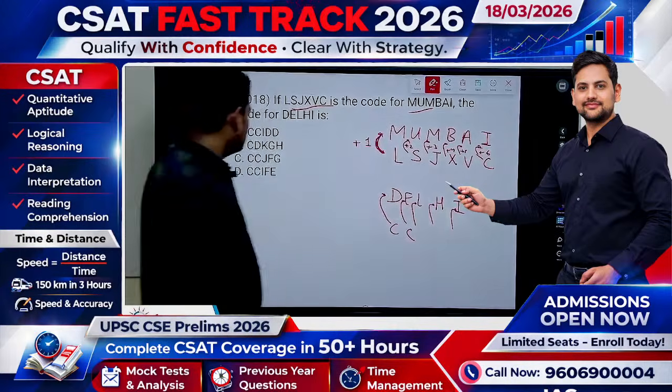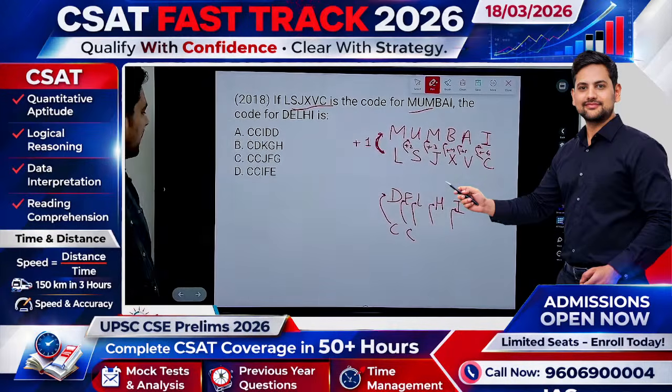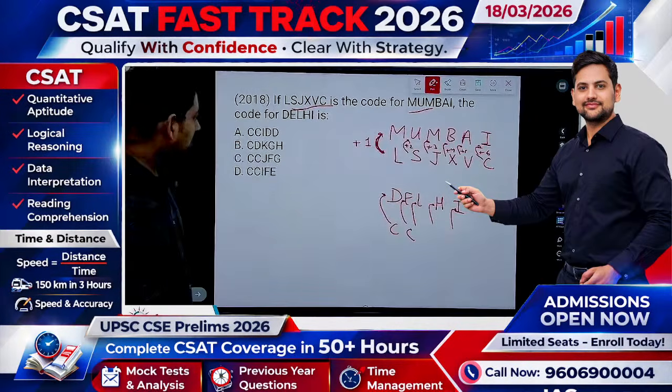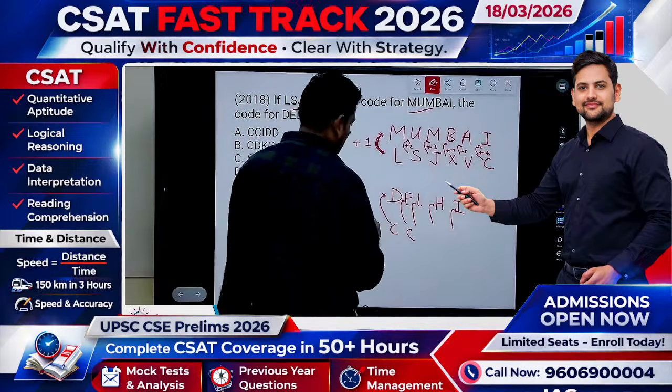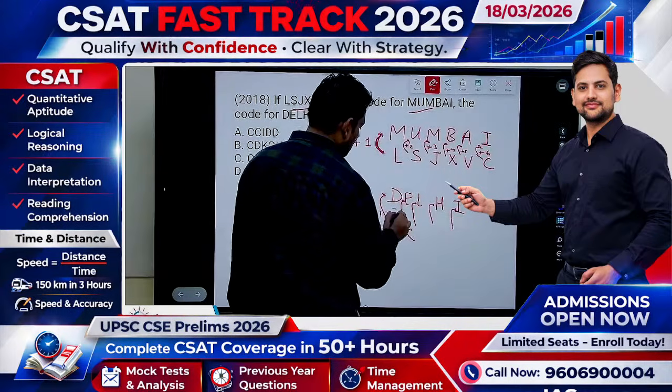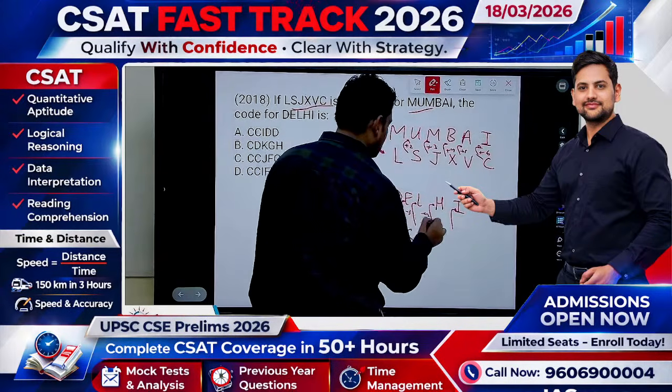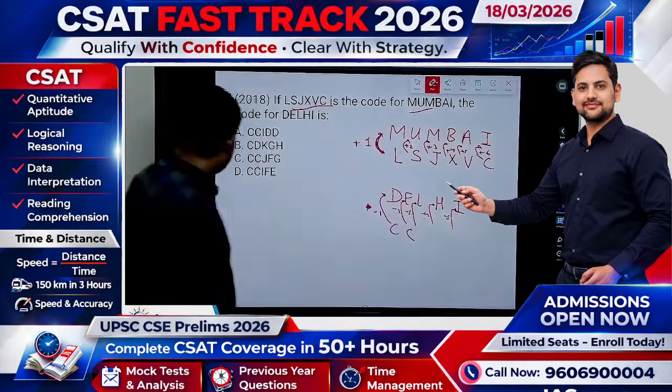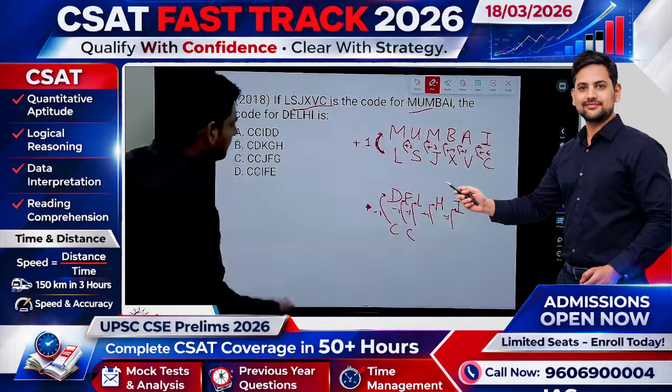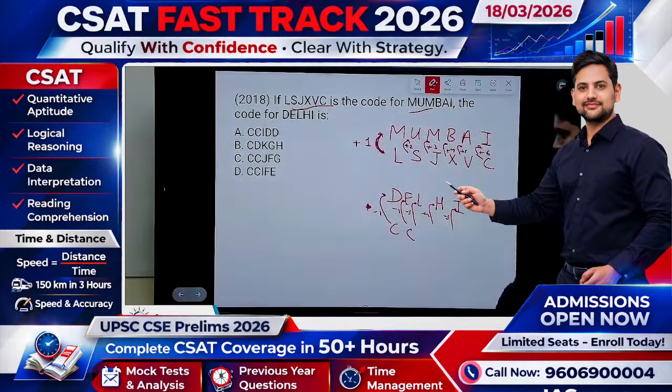So this came 1 letter down, this came 2, this would come 3, 4, 5. Just by doing 5 only you could have gotten it. So I can be written as I minus 5.